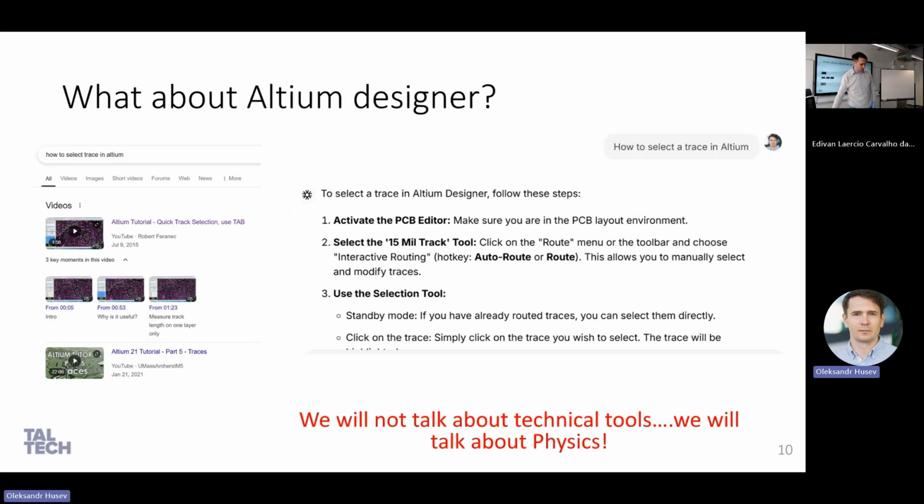A couple of words about Altium. After these slides, I will not mention Altium, because anything that you need, Altium updates almost every year. It has new features, new libraries, and so on. And you just need to Google, or you can ask ChatGPT. Doesn't matter if you have some technical problem or you don't know how to solve it. Please ask Google and so on.